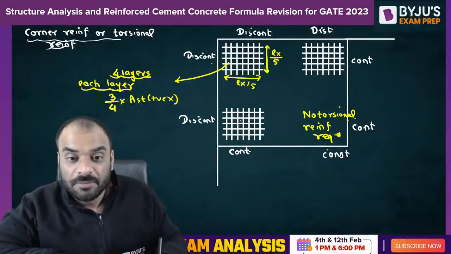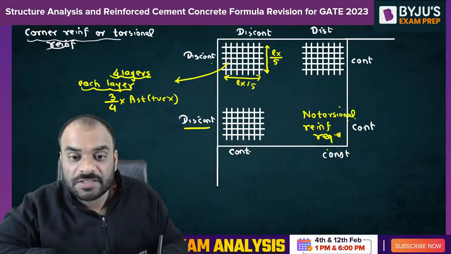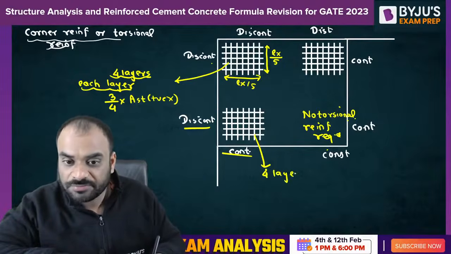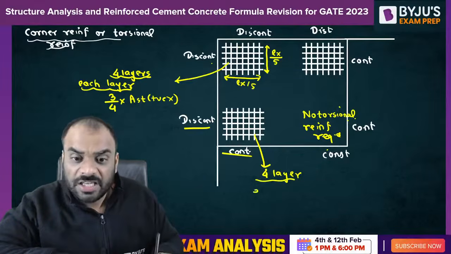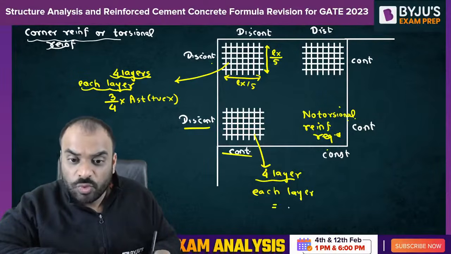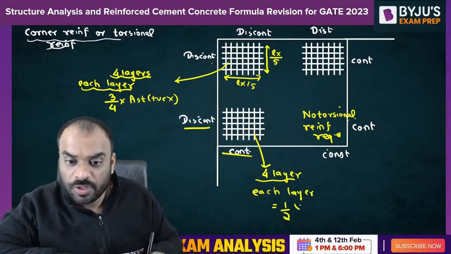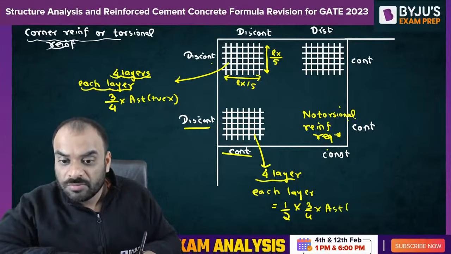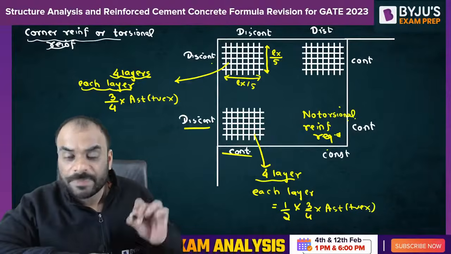Getting a point? But if you have one discontinuous, other continuous, in this case again you need to provide the 4 layers over here, but the area of steel in each layer will become half of this value, 1 by 2, 3 by 4 AST positive X. Clear?